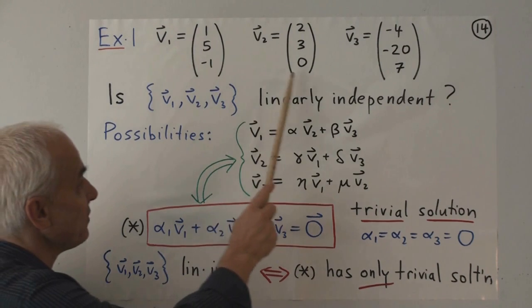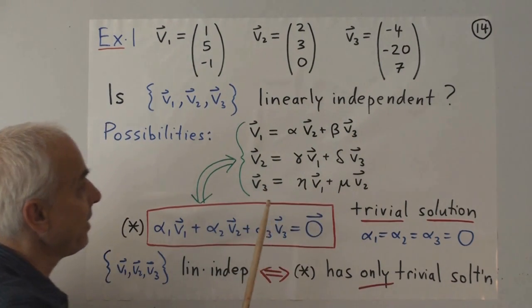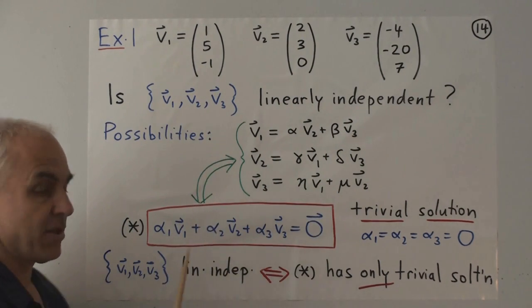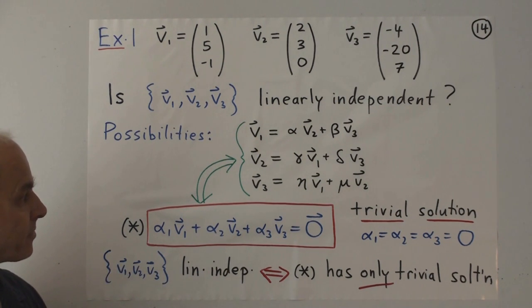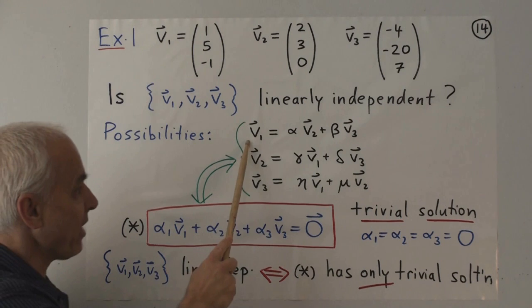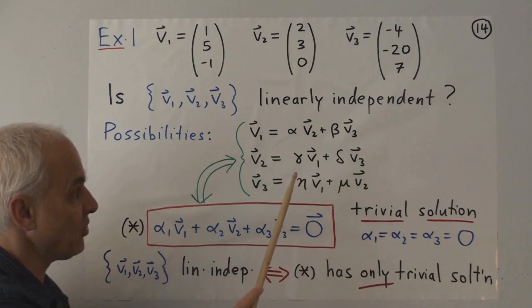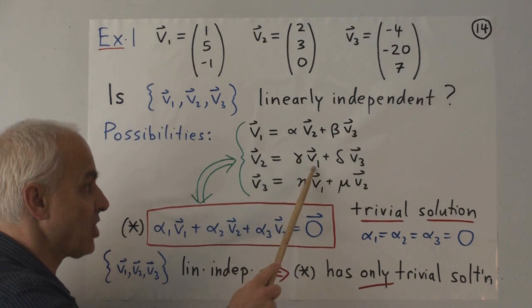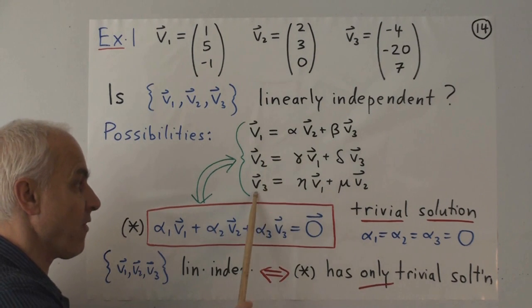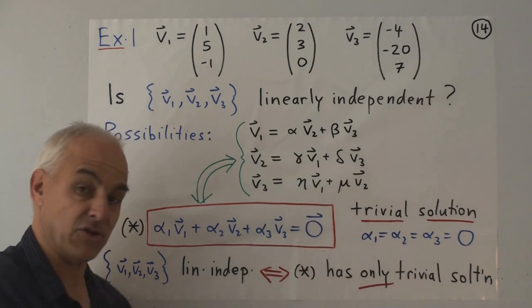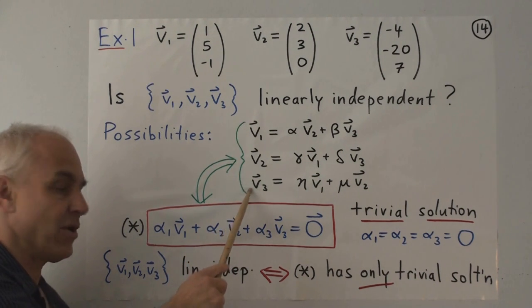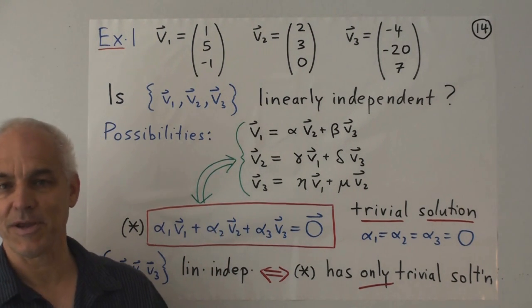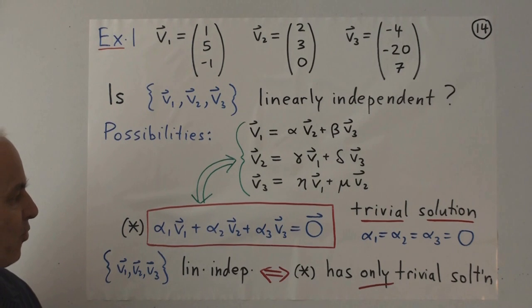Here are 3 vectors, v1, v2, and v3, and we're interested in the question, is this set of vectors linearly independent? So, can we write v1 as a linear combination of v2 and v3, or v2 as a combination of v1 and v3, or v3 as a combination of v1 and v2? Well, instead of looking at all those 3 possibilities separately, we can combine them all into one equation.